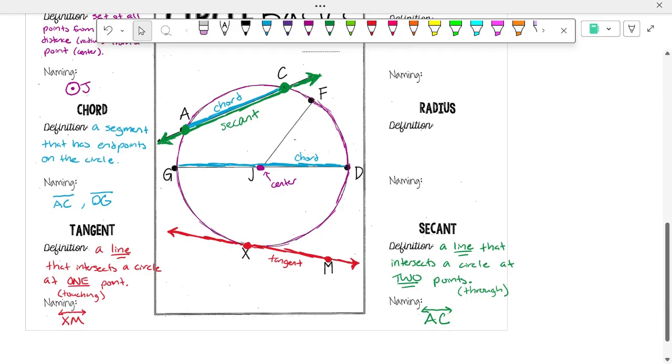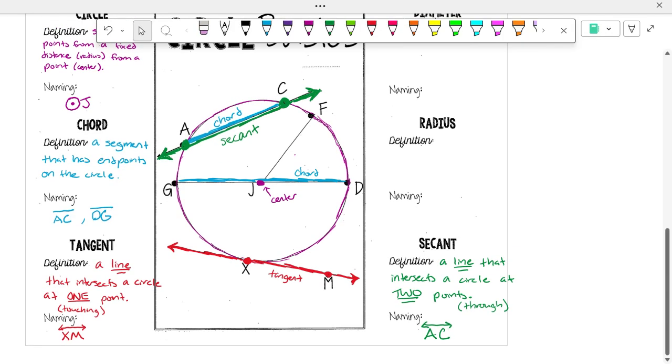All right. Now, a radius. So you guys should know what a radius is, but if you want a formal definition, it's a segment from the center of the circle to a point on a circle.